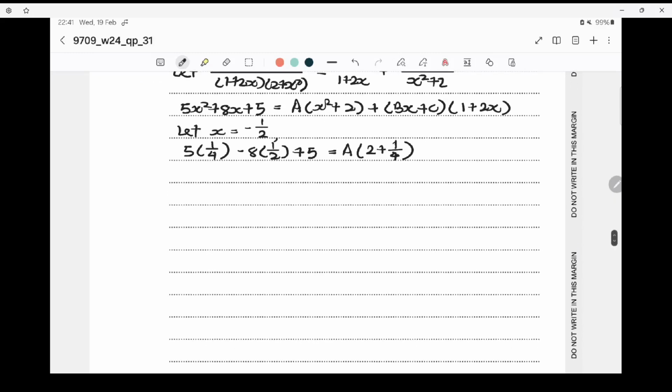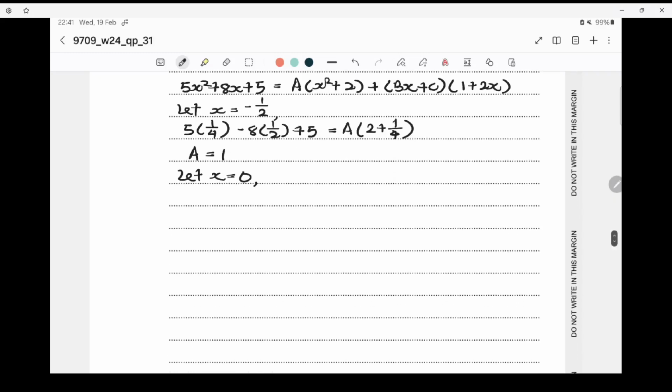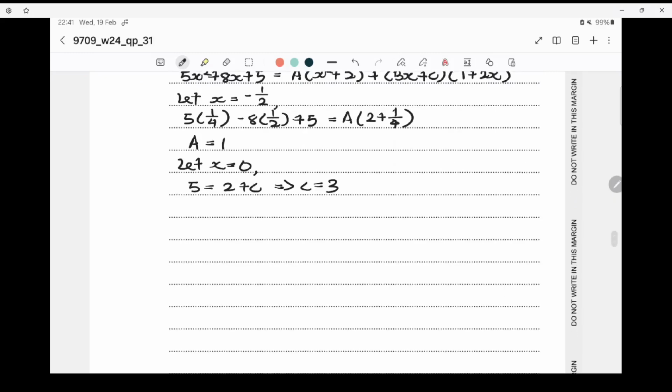So simplify everything, you find that A equals to 1. Then you let x equals to 0. That will be easier for you to calculate. So the left hand side is 5. Then you have 2 plus c. So it means that your c equals to 3.